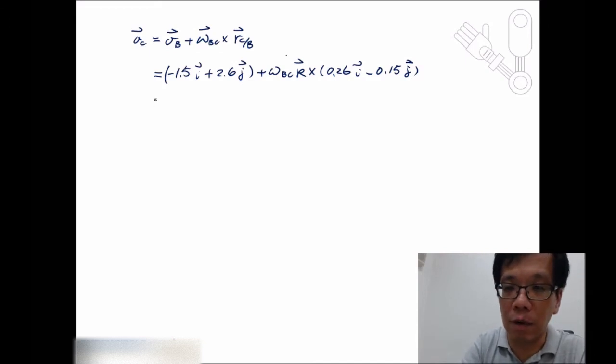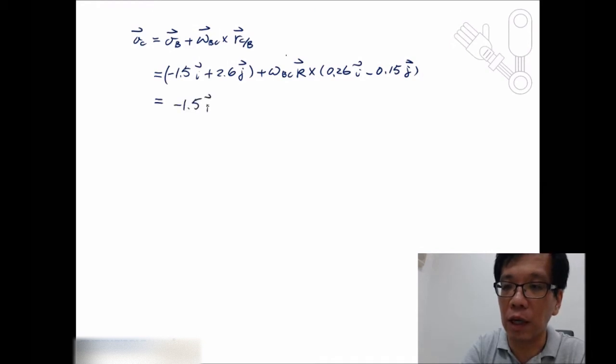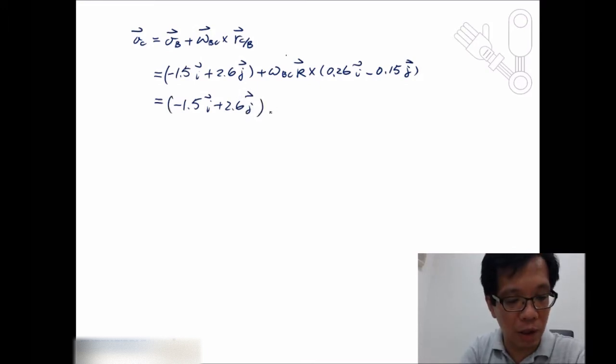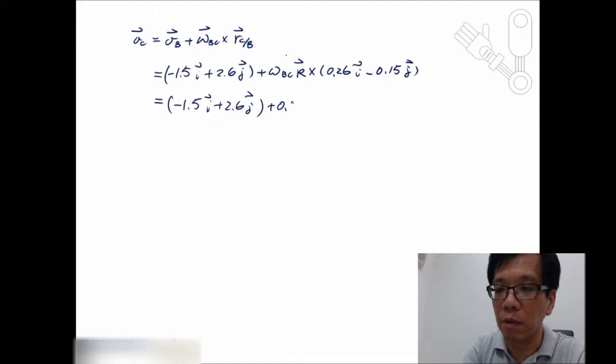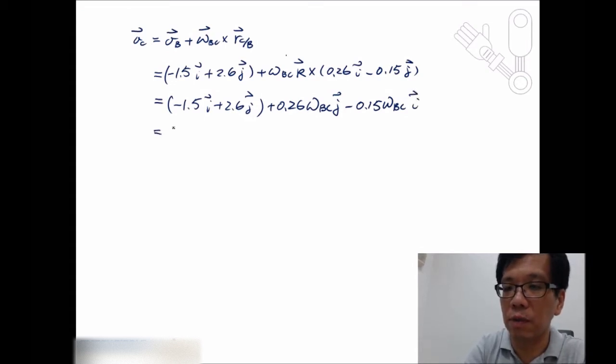Then we can come up with the answer like negative 0.15 I plus 2.6 J. Those two remains the same. The next one is going to be 0.26 omega BC J minus 0.15 omega BC I. So group them together.